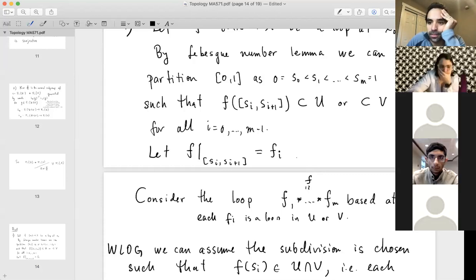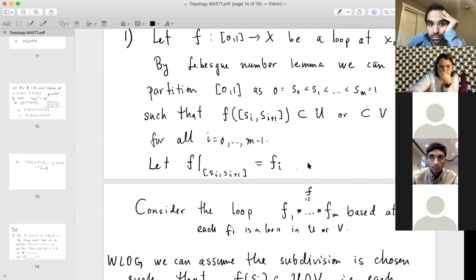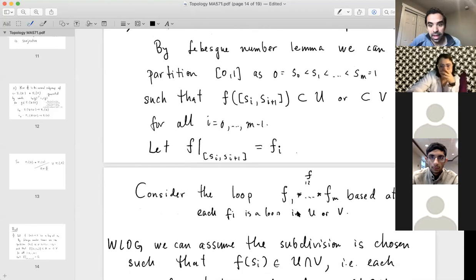Is everyone following? Or did I lose you guys? So I found this partition of the interval such that each piece of the loop lies inside U or V. So fi is a path now, a piece of your loop, which lies inside U or V. And then f can be written up to homotopy as this product. It's almost the same.